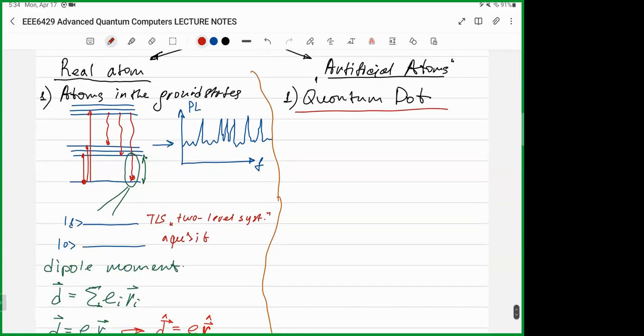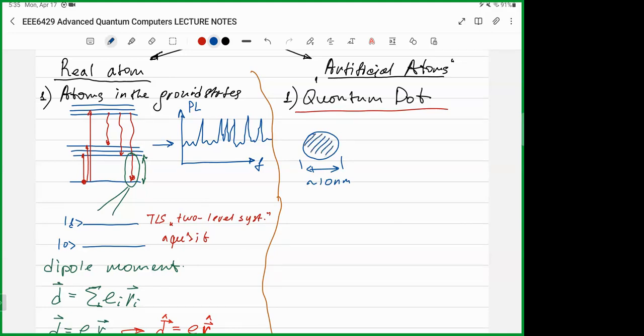So you're probably familiar with this concept. Basically, a quantum dot is just a nanoparticle or another island with a characteristic size around 10 nanometers. So it's a very small particle.